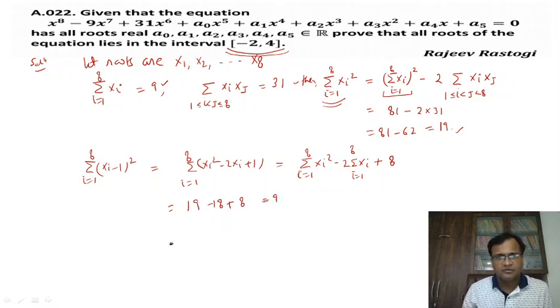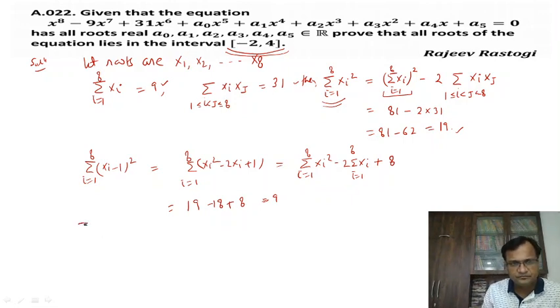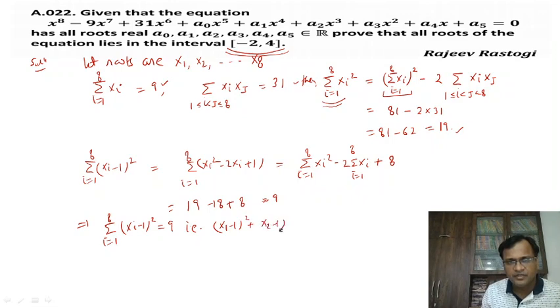Okay, so what we can write from here? We can write sigma, i varying from 1 to 8, (xi minus 1) whole squared is 9. That is (x1 minus 1) squared plus (x2 minus 1) squared plus up to so on. What is the last term?